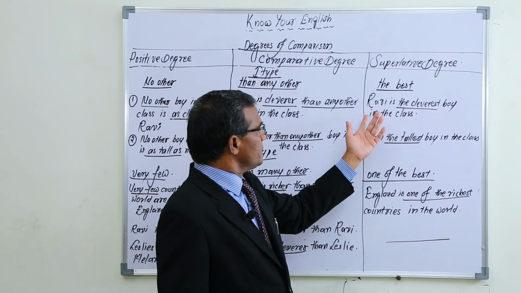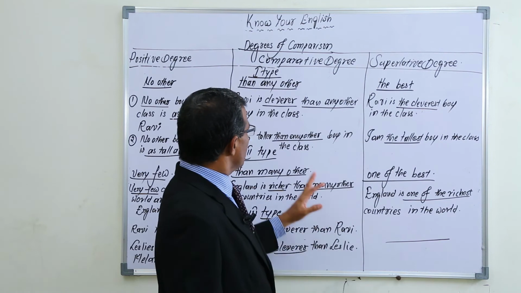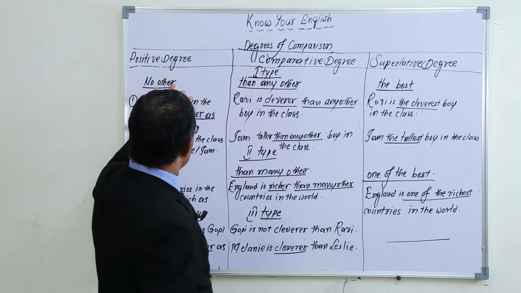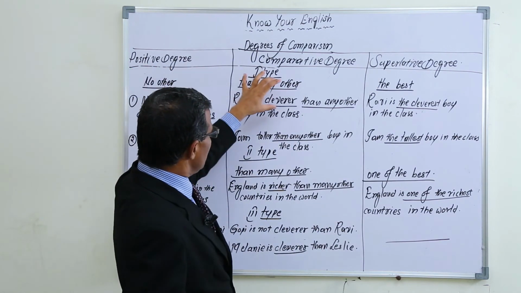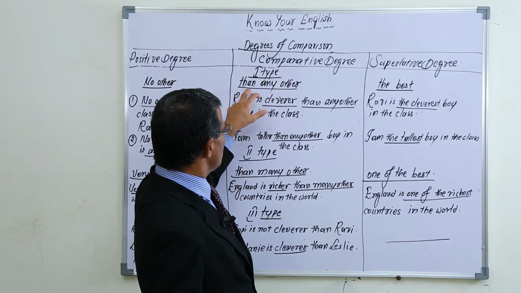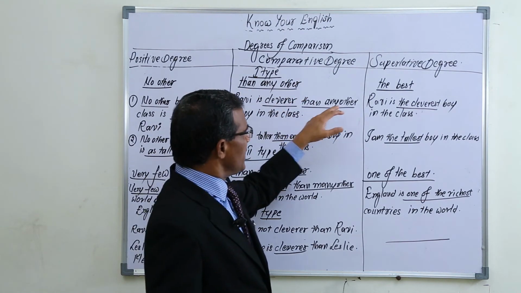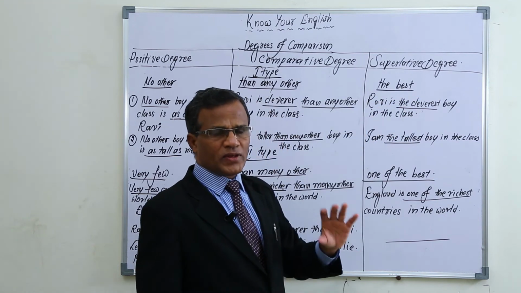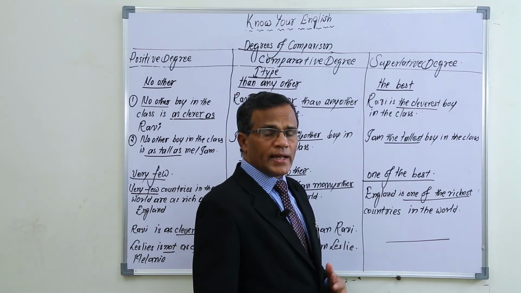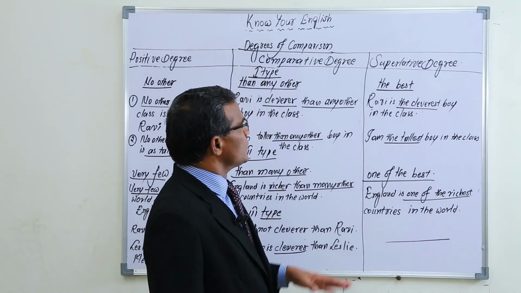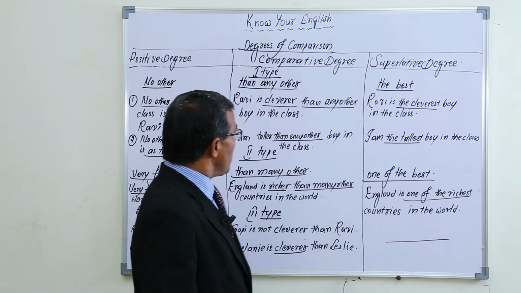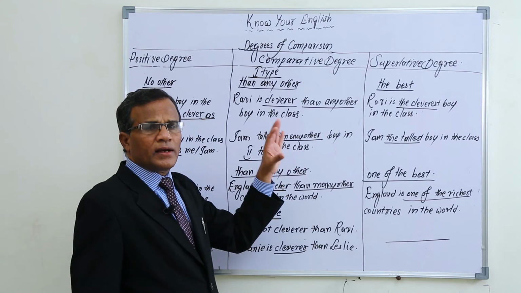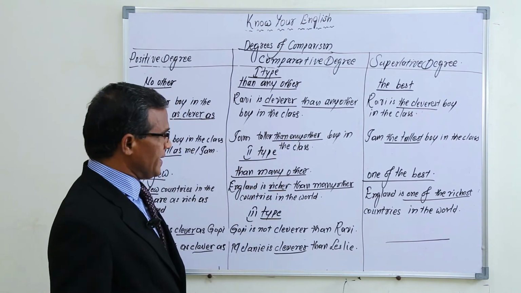And here, the best. When "no other" is there in positive degree, in comparative degree we have to use "than any other" in the sentence, and in superlative degree we have to find the superlative form of the adjective, like "the best". So this is the way of using first type sentences.